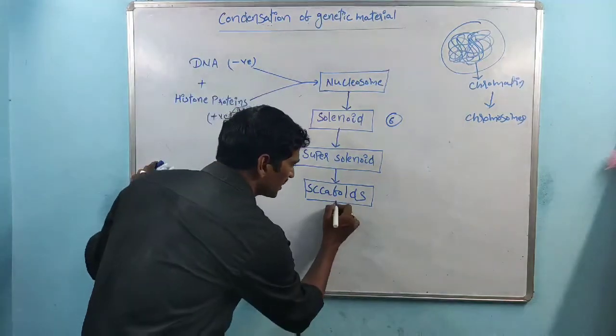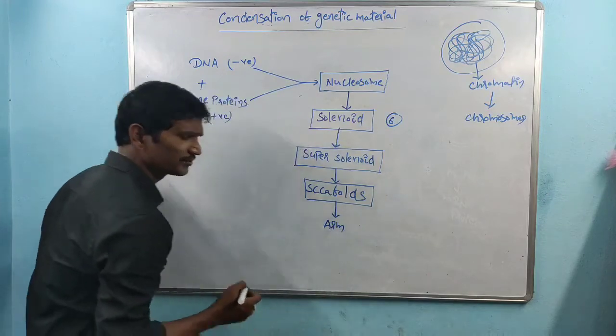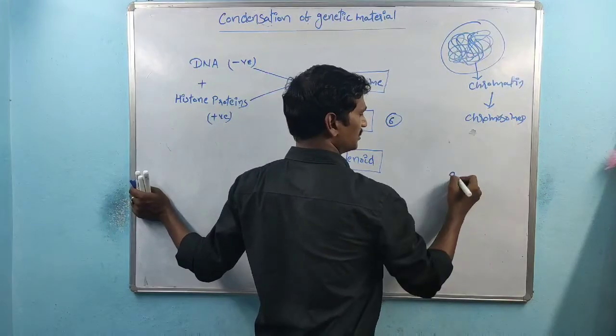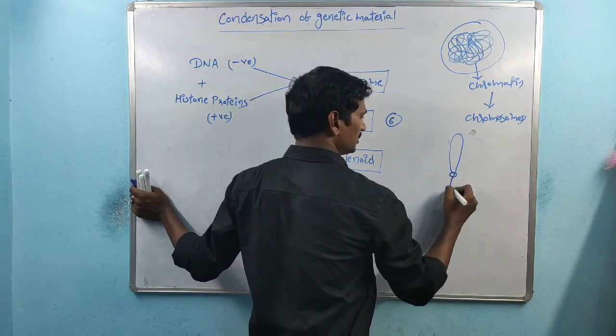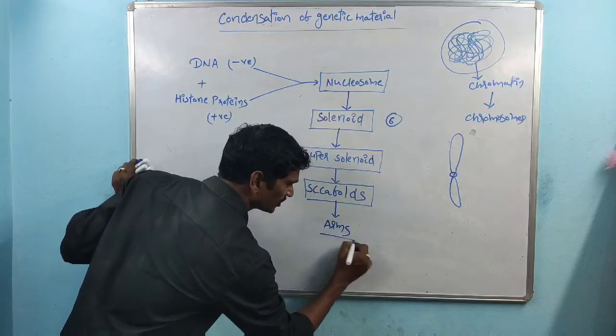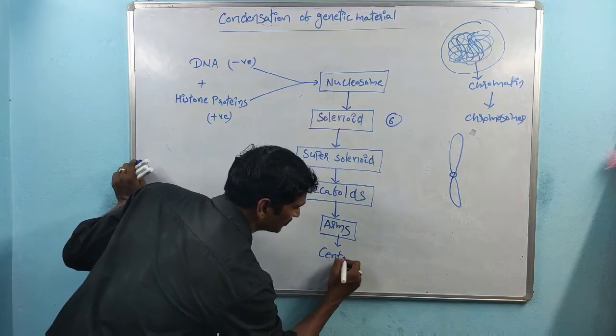A group of scaffolds combined produces the arms of the chromosome. We know within the chromosome structure there are arms, right? The arms are produced, and these arms are connected with the centromere.